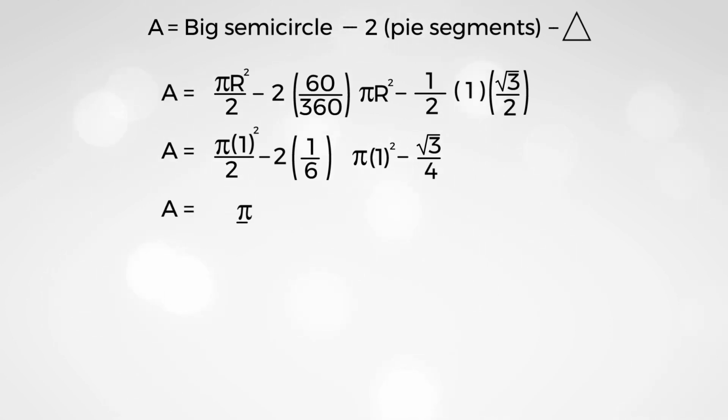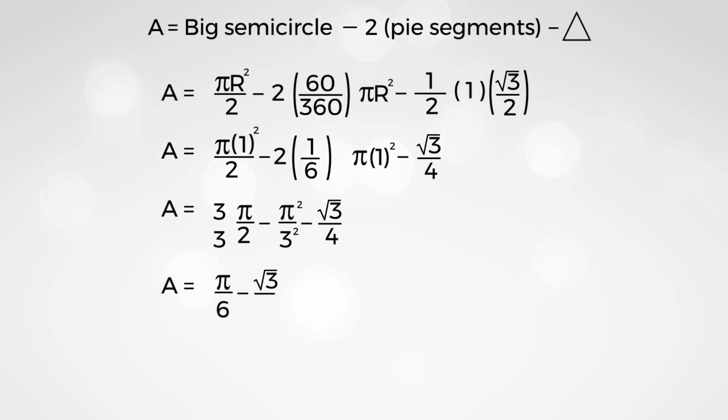So this becomes pi/2. This becomes pi/3. And this is √3/4. Get a common denominator, and this becomes 3 pi minus 2 pi, which is pi/6, minus √3/4. And that is our region A.